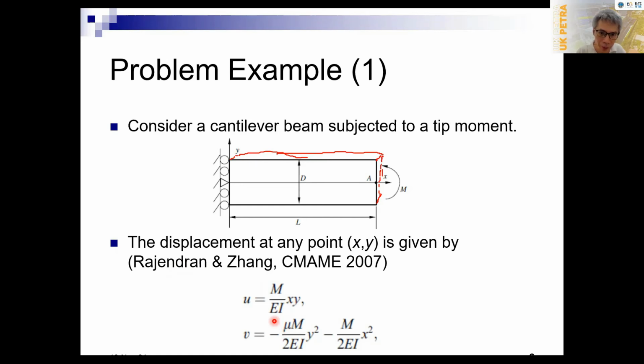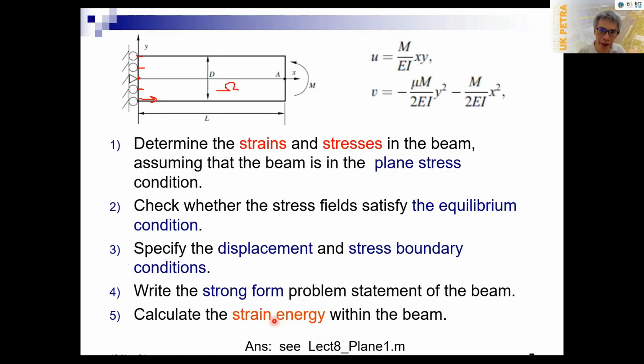Given this displacement field, please calculate the strains and stresses in the beam, assuming that the beam is in plane stress condition in omega here. Because this is omega, right? The inside of the beam, excluding the boundary. Then check whether the stress field satisfies the equilibrium conditions.